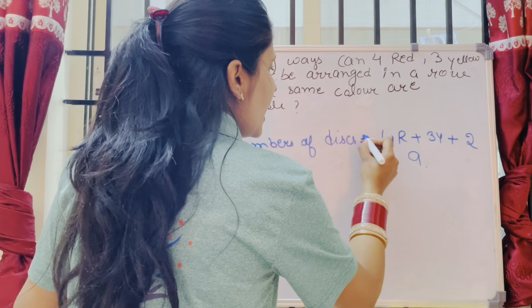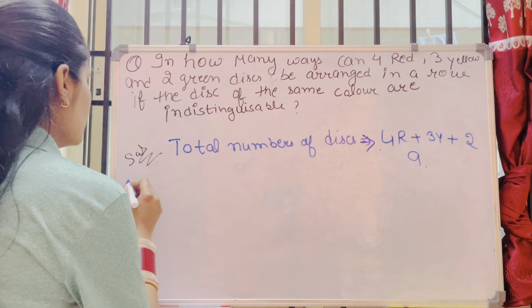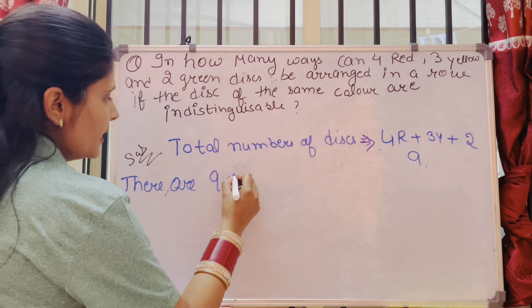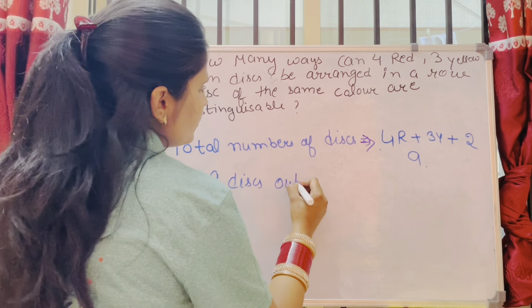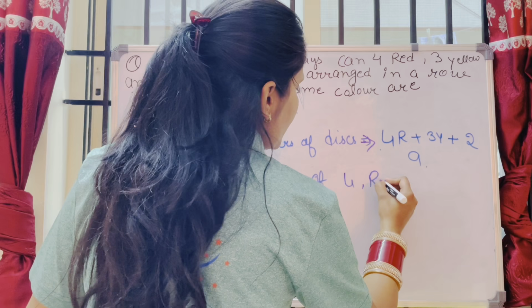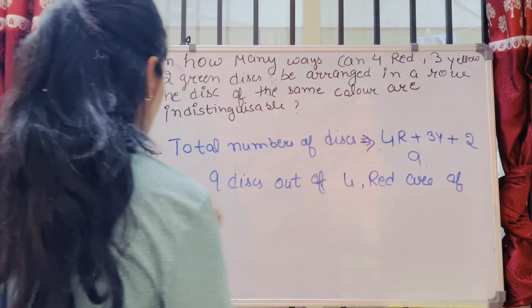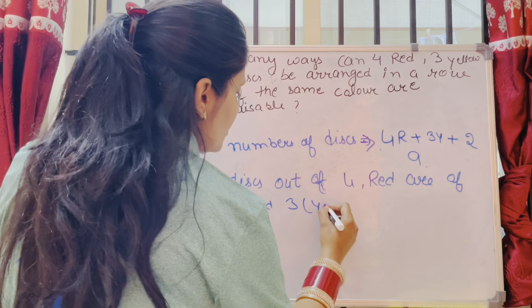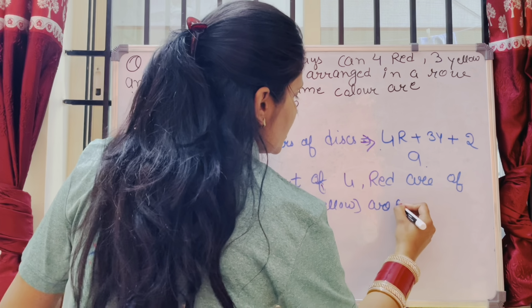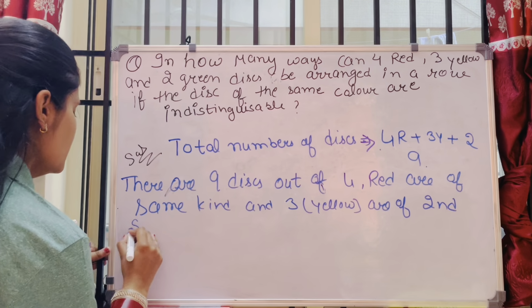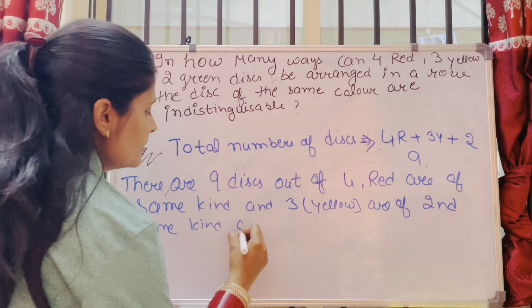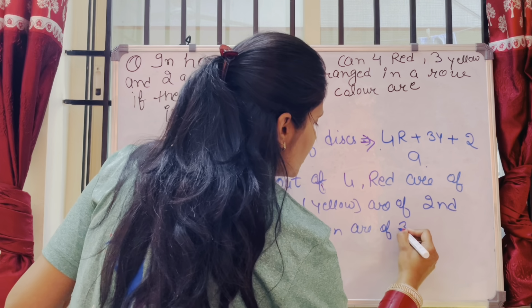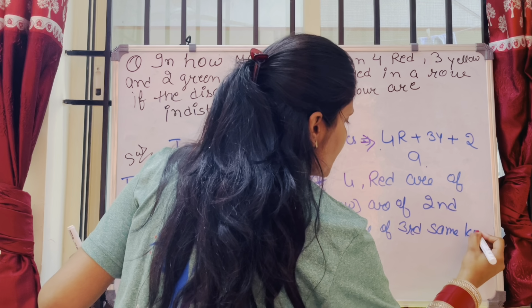So there are 9 discs, out of which 4 red are of the same kind, and 3 yellow are of a second same kind, and 2 green are of a third same kind.